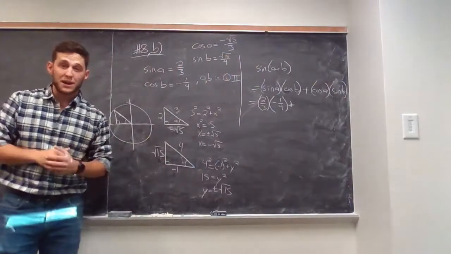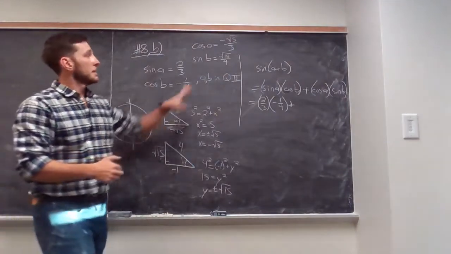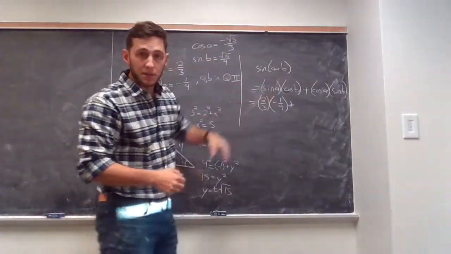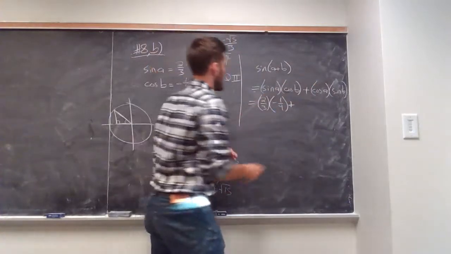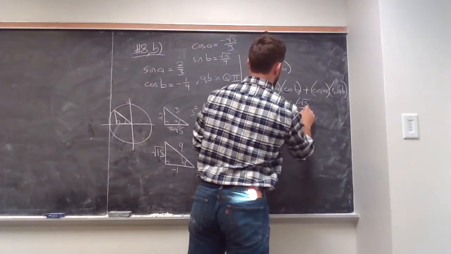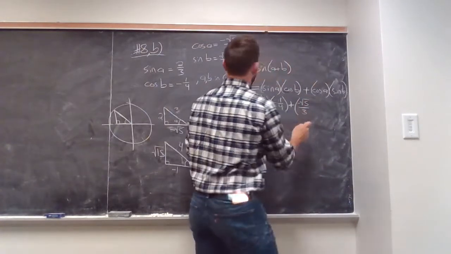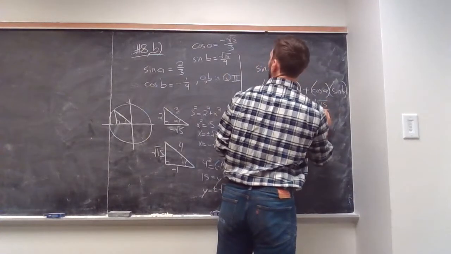So you need 2 right triangles in this problem. Now, ultimately, if we come back to why we were doing this, I can now plug in for cosine of A and sine of B. Cosine of A was negative square root of 5 over 3, and sine of B was square root of 15 over 4.